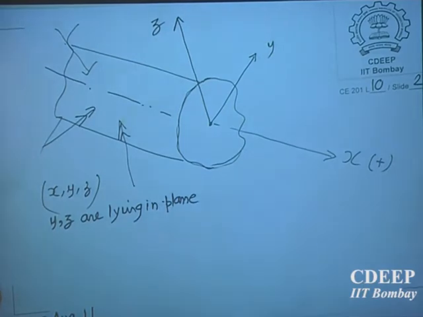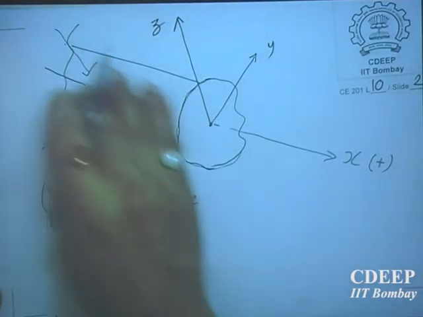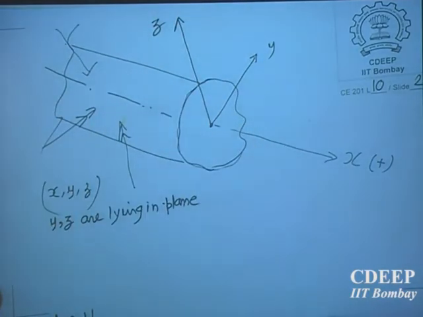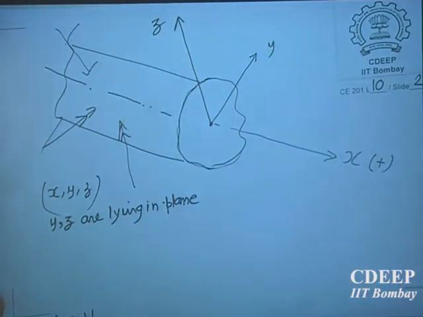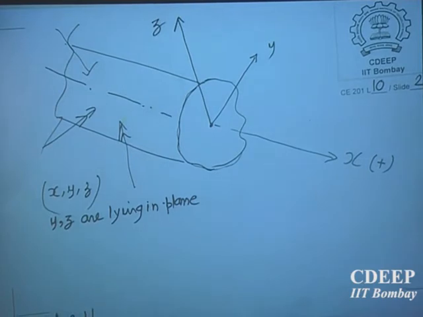So, the effect of the external forces. What are the steps when you have to draw the free body diagram? I think this much at least I have told you already for the axial member. Normally you draw the free body diagram, that means you find out the reactions.